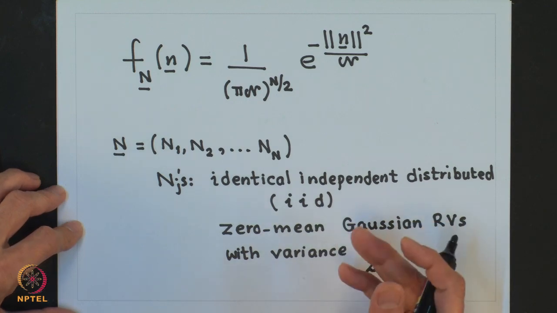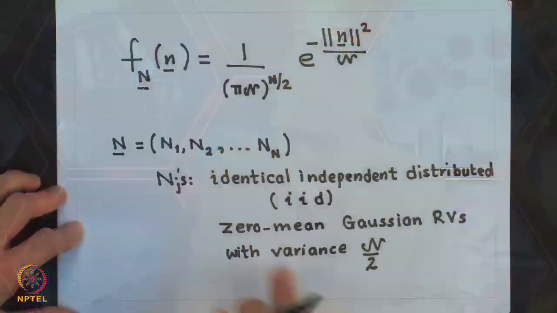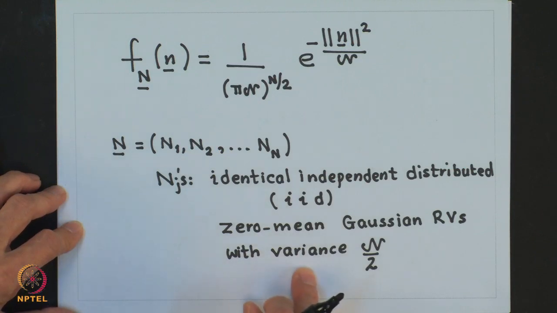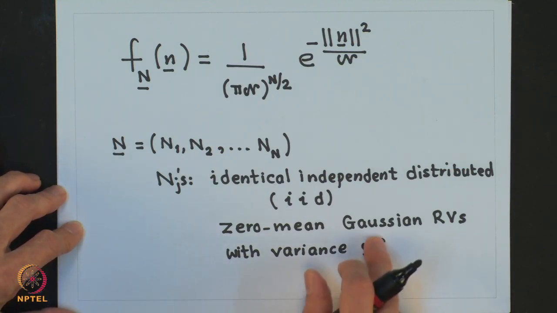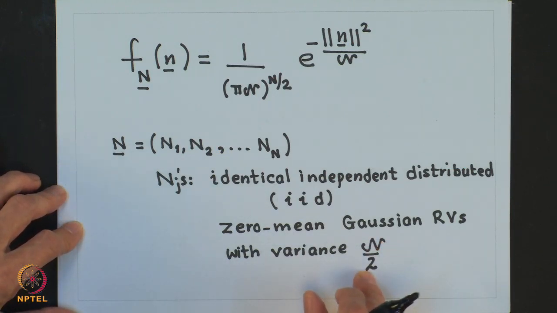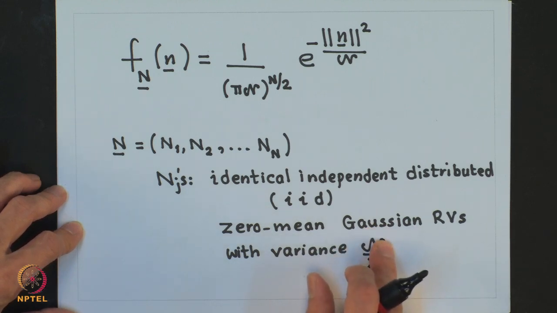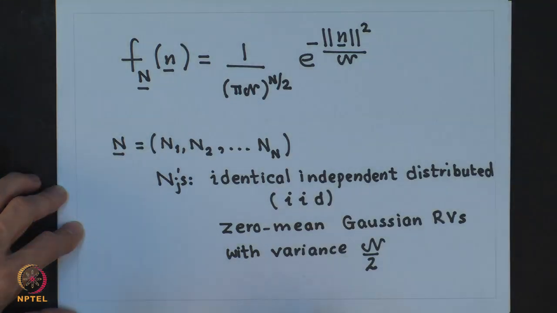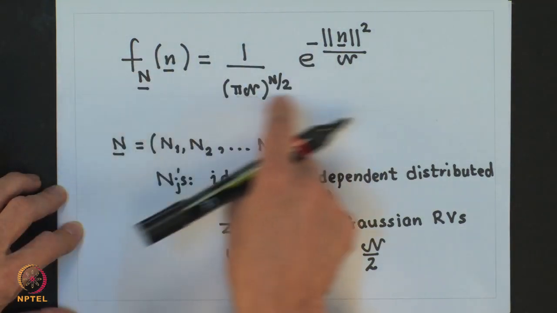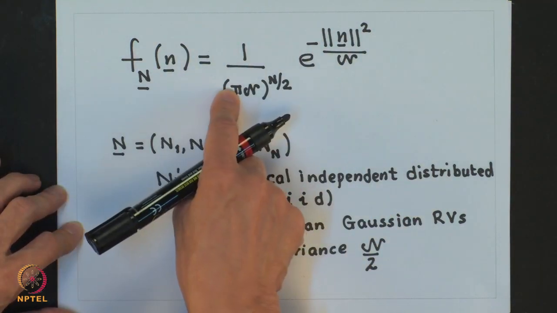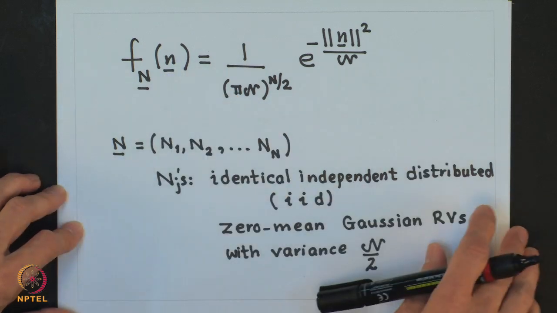Unless otherwise stated, we will always assume that our noise process is of zero mean, correct. And the random variables here each have identical variance, given by N_0/2, which is the power spectral density of the white Gaussian noise process. So, this is the joint PDF of the vector n.